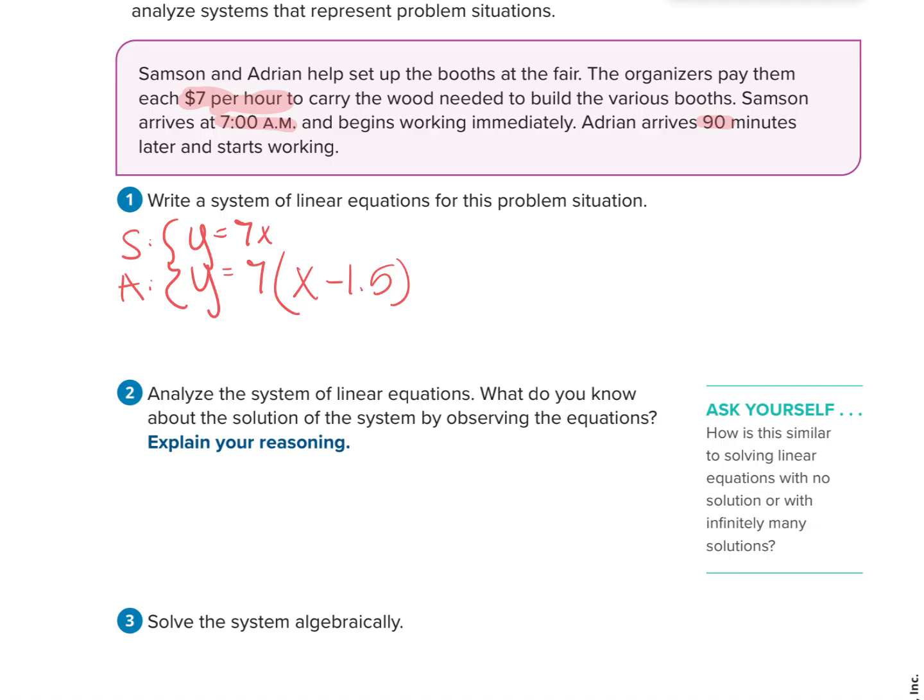So we know they have the same slope, but they are not on the same line. So that means they're going to run parallel to each other and we're going to have no solutions. So we need to say for number 2 that the slopes are the same. There's no solution.